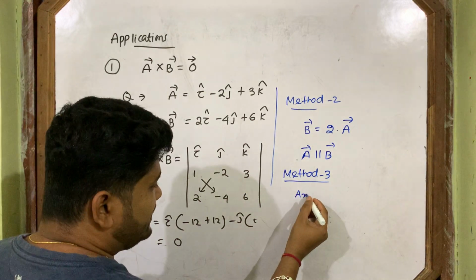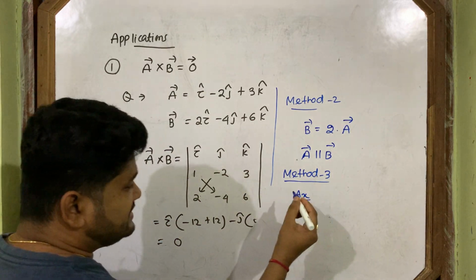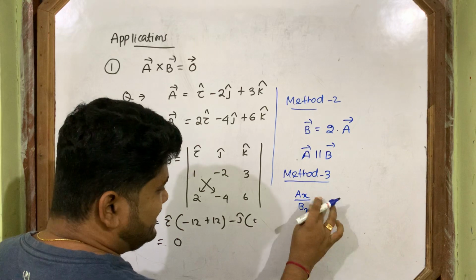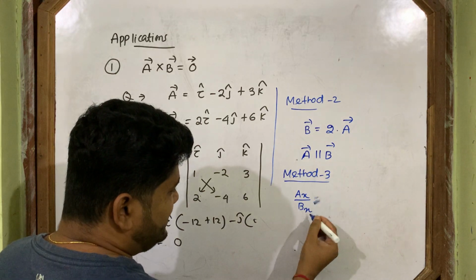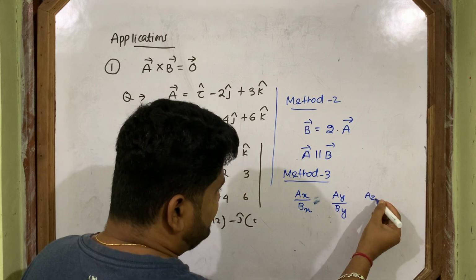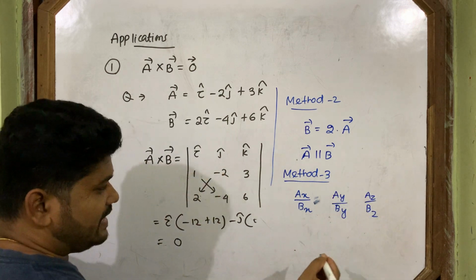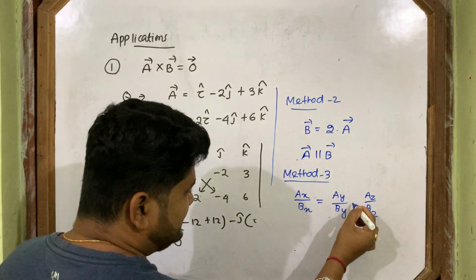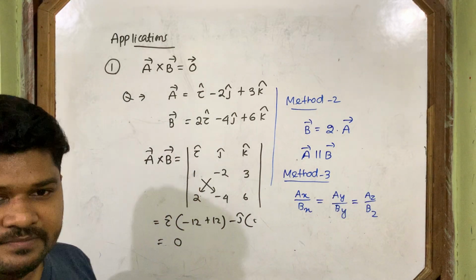You just find the ratios ax by bx, then ay by by, then az by bz. Are they the same? Check it.